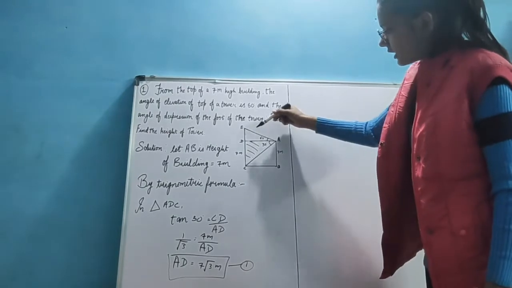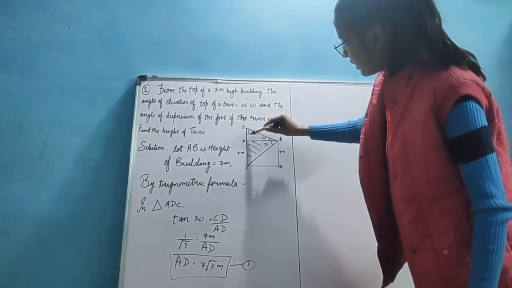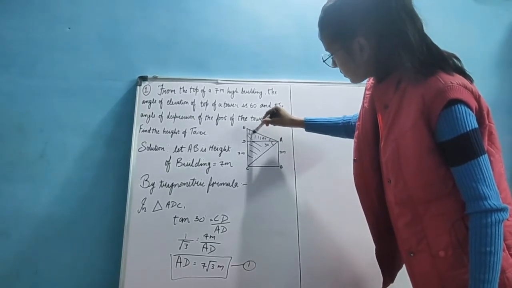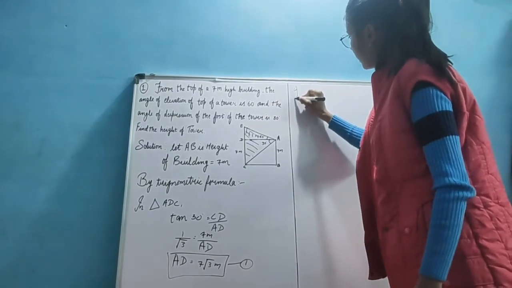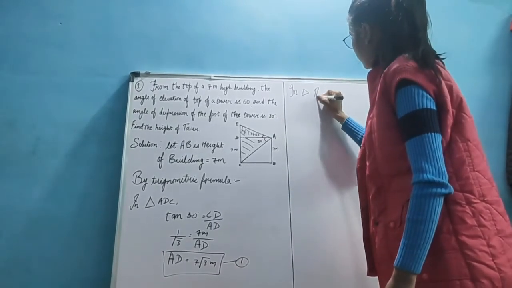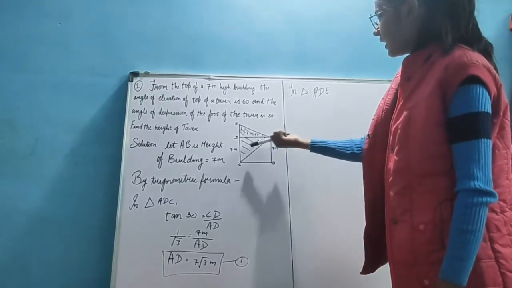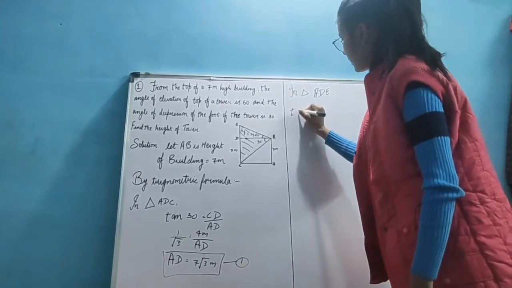Now I take the other triangle, triangle DAE. Let's shade it also. In triangle ADE, again apply tan theta and theta is 60 degree.